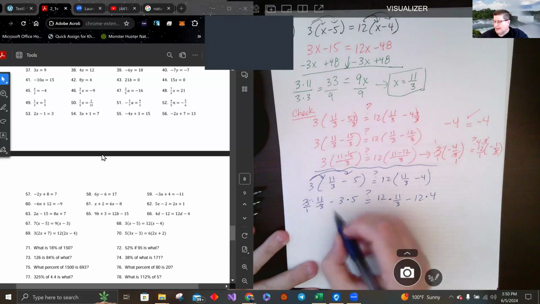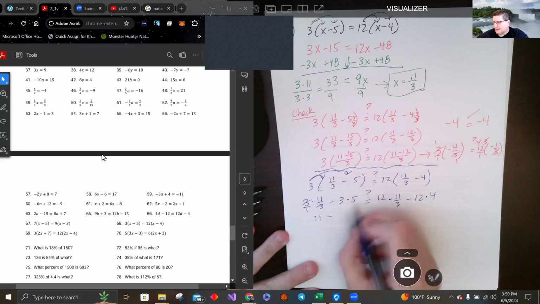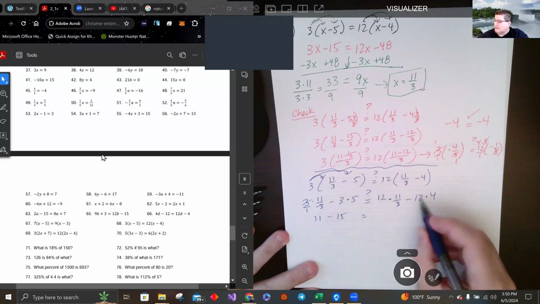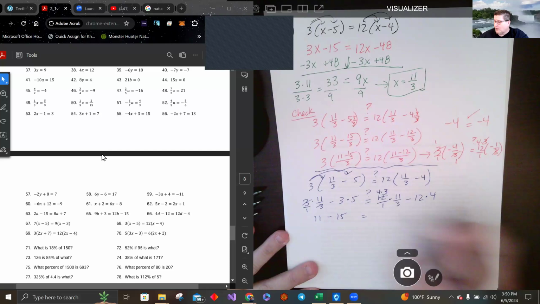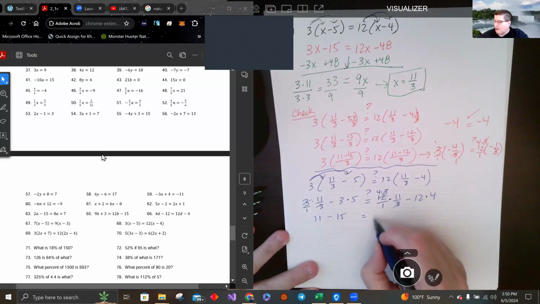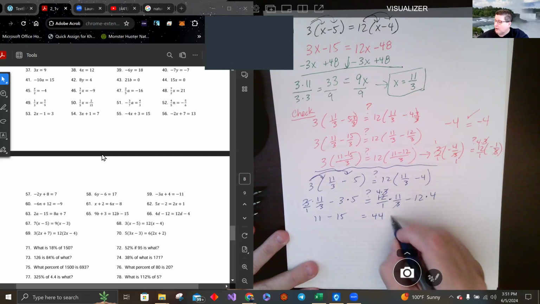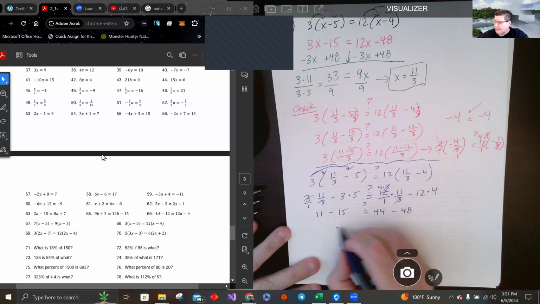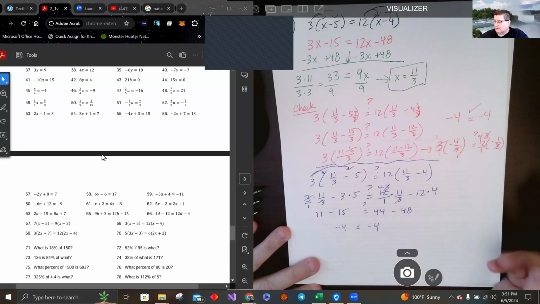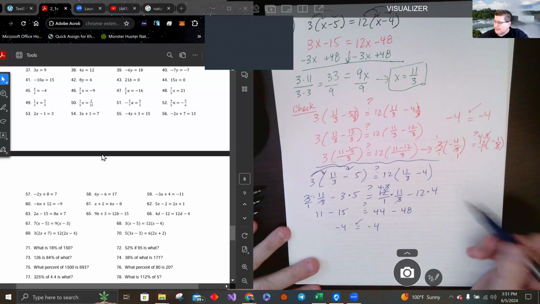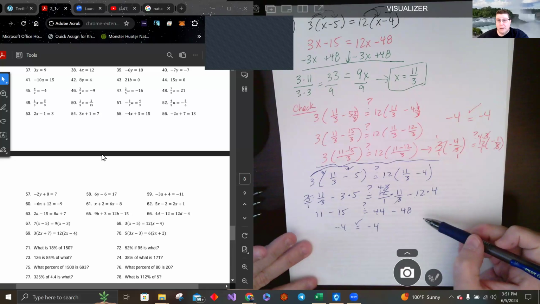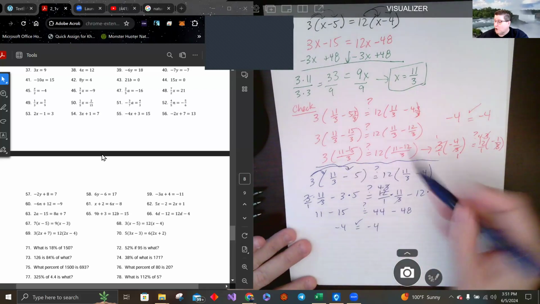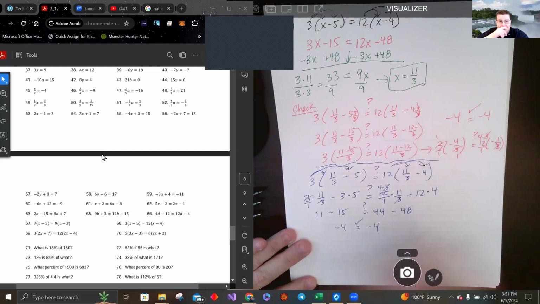Here the 3's cancel, and I have 11 minus 3 times 5 is 15. 12 is 4 times 3, and over 1, we'll take the 3's, we'll make them cancel. 4 times 11 is 44, minus 12 times 4 is 48. And we get -4 equals -4. So the check gets the same thing either way. Here involves a little bit less fraction work, but it's easy to make mistakes while distributing. So be careful with that.